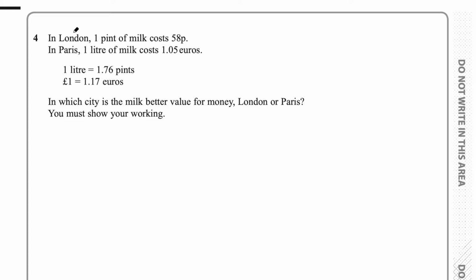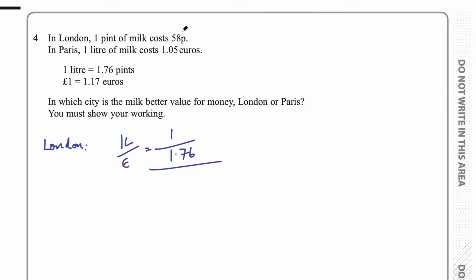I'm going to change the London price into litres per euros. So if we talk about London, we want to change this ratio to 1 litre per however many euros it's going to cost. So to find 1 pint in litres, we need to kind of reverse this. So this is going to be 1 divided by 1.76 for 1 litre.